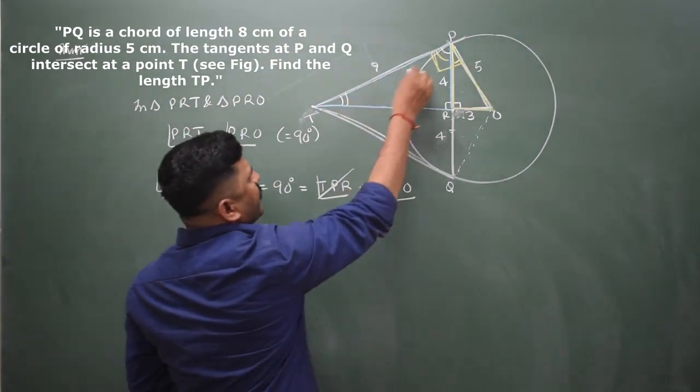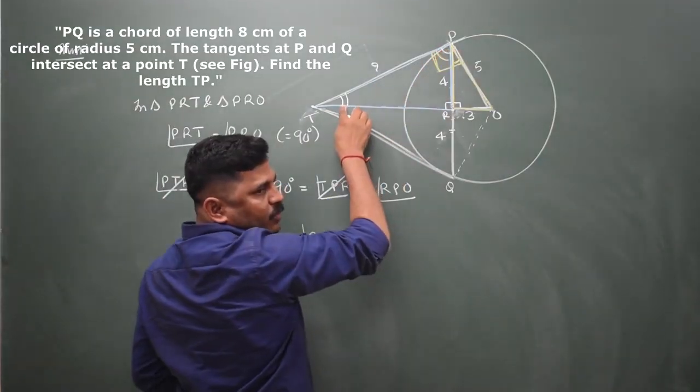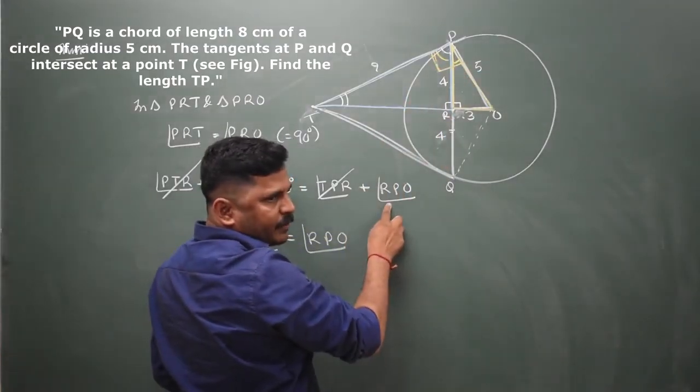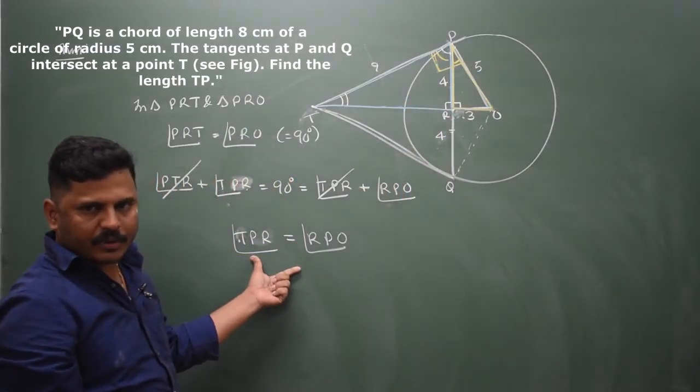That is, this plus this is equal to 90. This plus this is equal to 90 on the left side, this plus this is equal to 90 on the right side. Those two cancel, and these two are left.